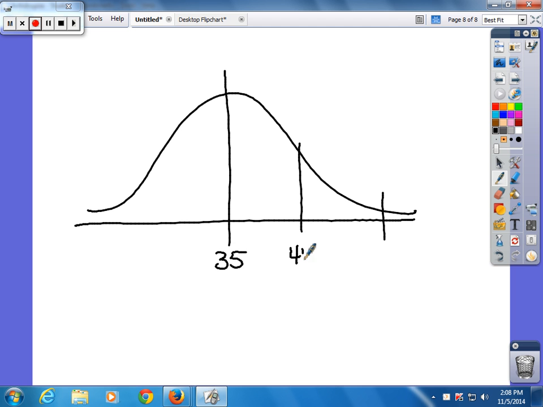44? And what's 44 plus 19? I have no idea. 63? 35 plus 19 is 54, sorry. And 54 plus 19 is what? 73? What's 35 minus 19?